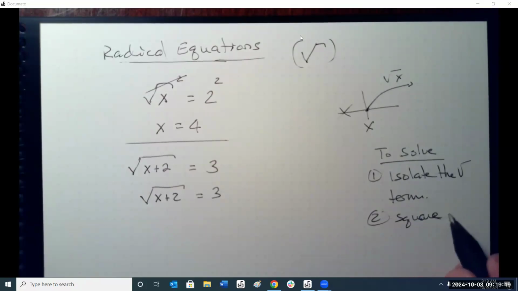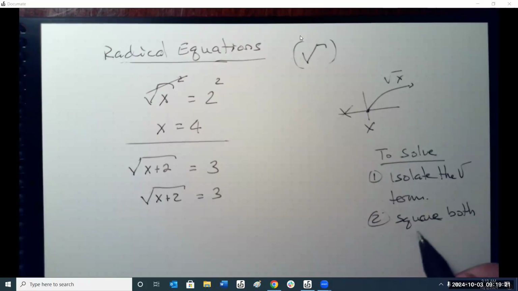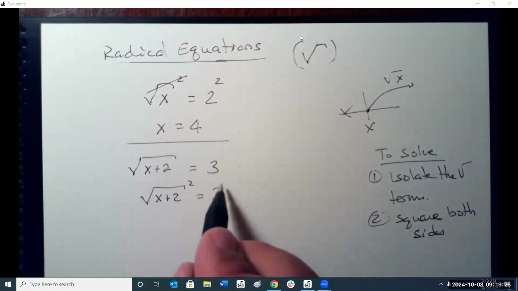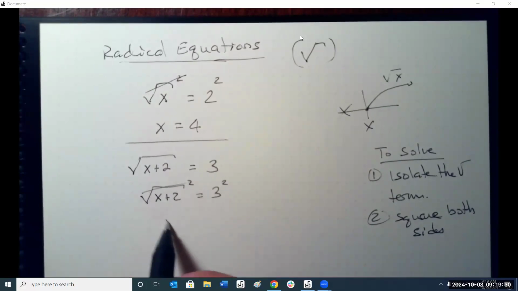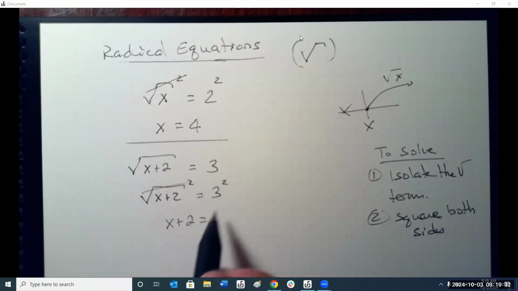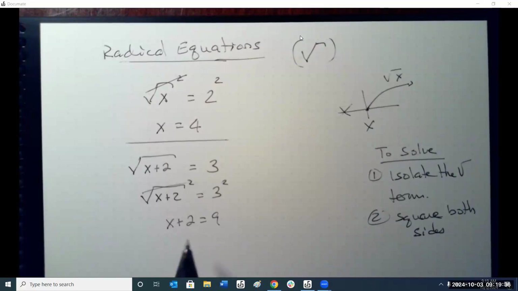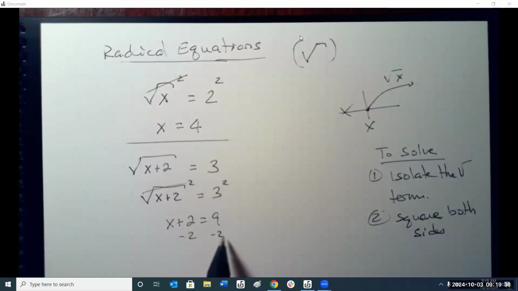Square both sides. So those cancel. So we have x plus 2 equals 9. And solve. Subtract 2, x equals 7.